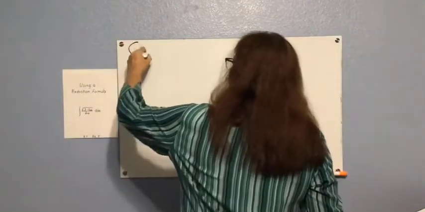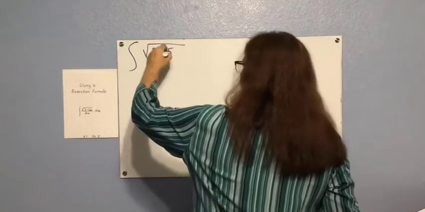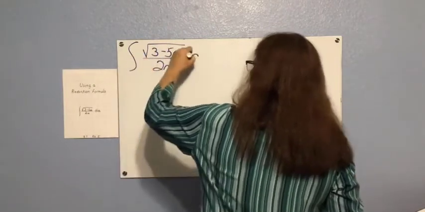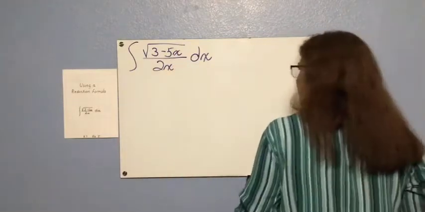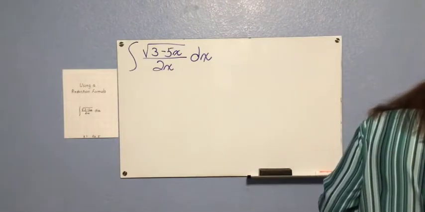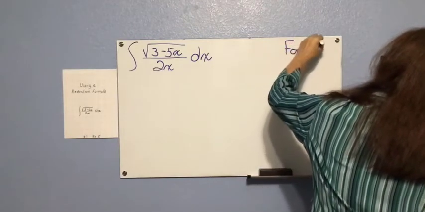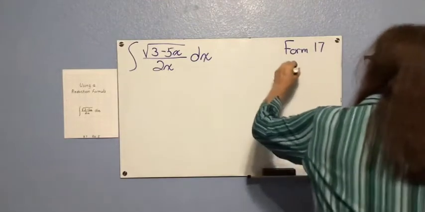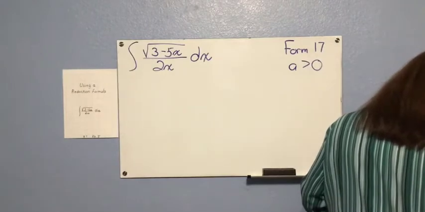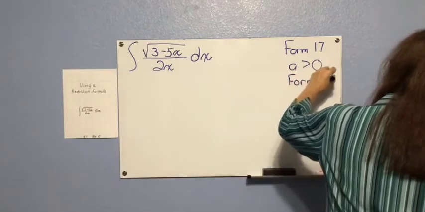Here's another integral that we can solve using a reduction formula, or actually more than one. Okay, we've already used formula 17 once. We're going to use it again. This time we're going to use the part where a is greater than 0. And we're also going to use formula 19.